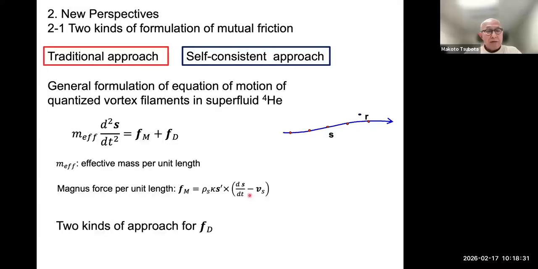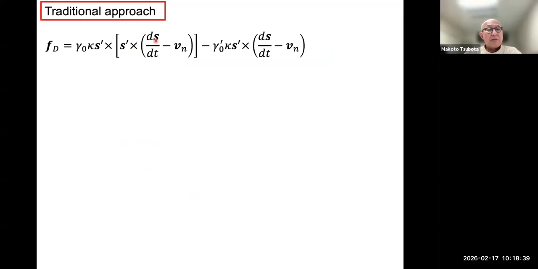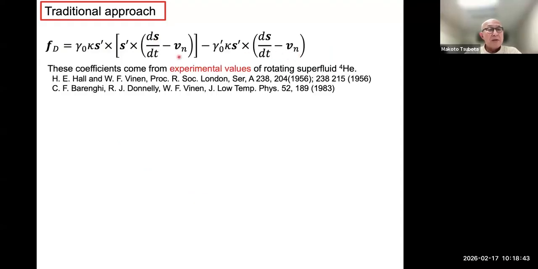And there are two kinds of approach for the drag force Fd. In the traditional approach, the Fd is represented by something like this. And these coefficients come from the experimental values of rotating superfluid helium-4, going back to the pioneering experiment by Hall and Vinen a long time ago.